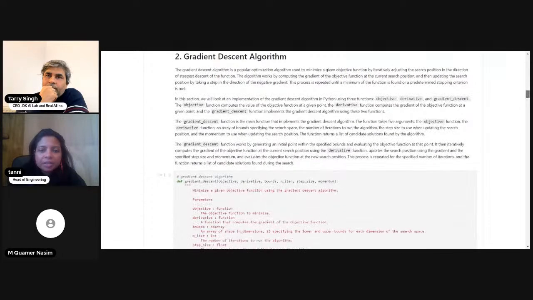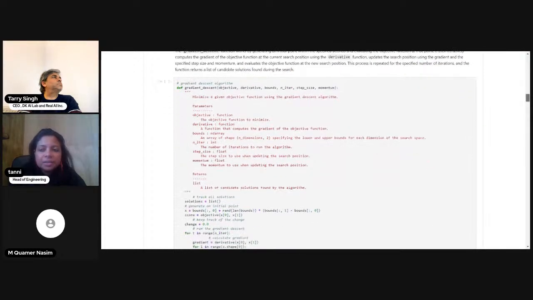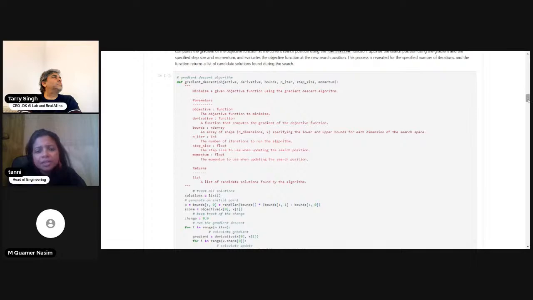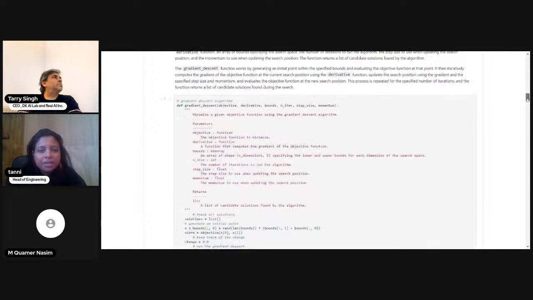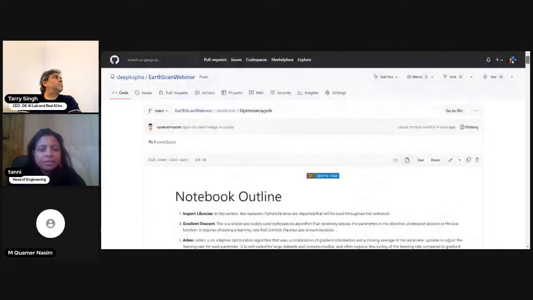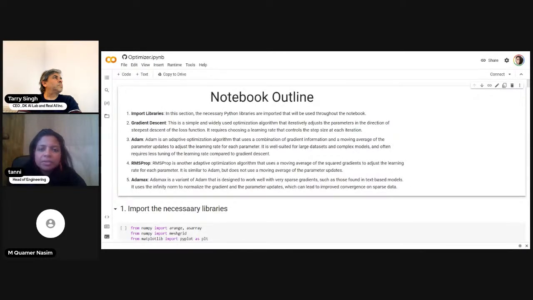It's a little complicated when you apply them to loss functions and all, so that's the reason we took a very simple objective function and try to show how it's working. You can also open it in Google Colab and run it by yourself. There's no dependent utility function, so it should run by itself. It shouldn't be a problem. I'm not running it right now, but if you have any problem, you can reach out to us.